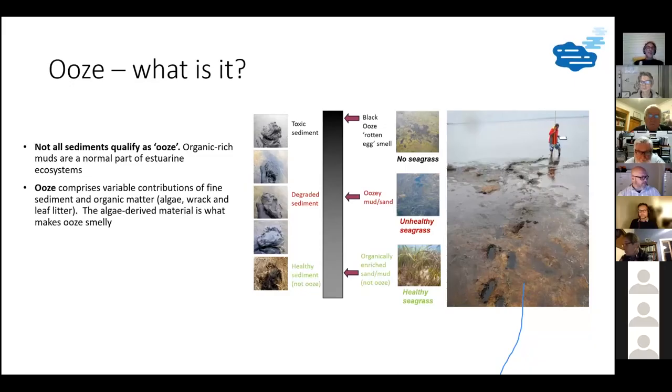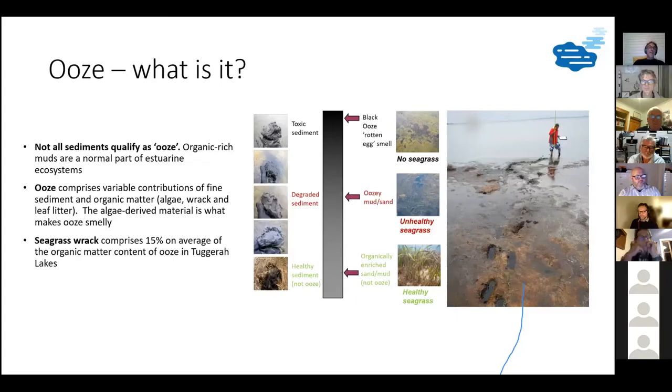That organic matter is sourced from things like algae, macroalgae, that lettuce weed that you might see, other forms of microalgae, such as microscopic algae in the water, seagrass rack, and also leaf litter from stormwater. But it's this algal derived material which is really what makes the ooze smelly.